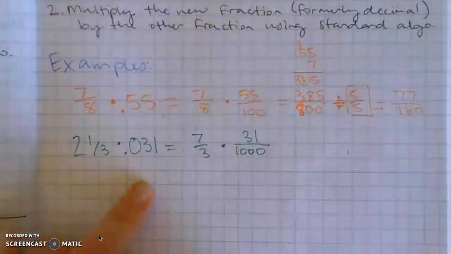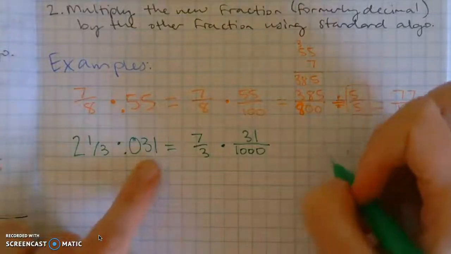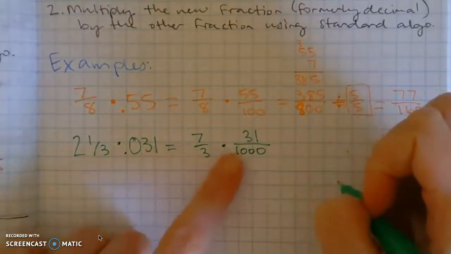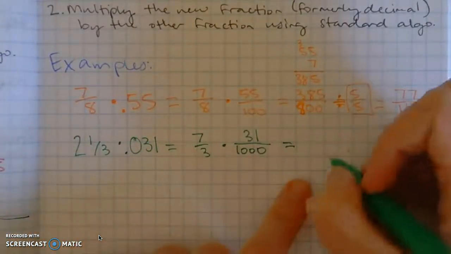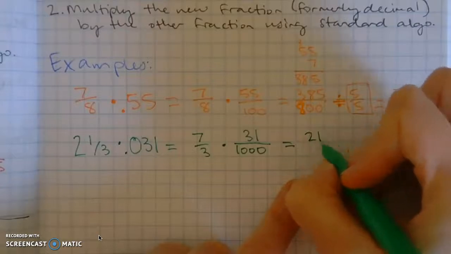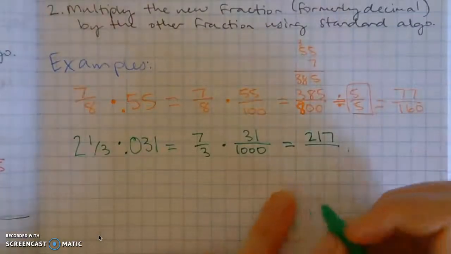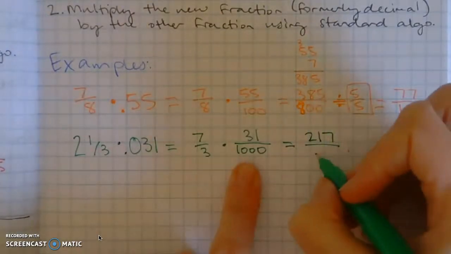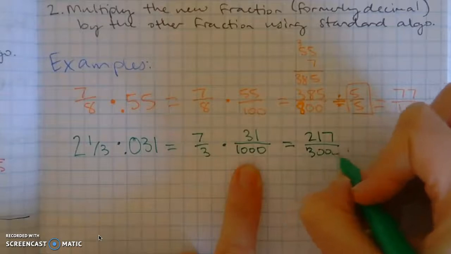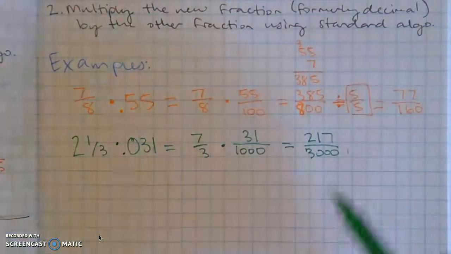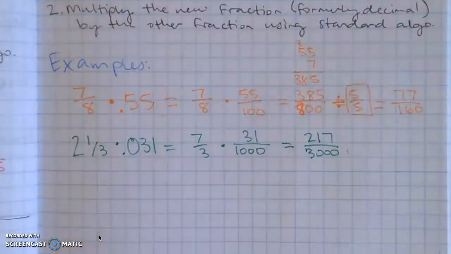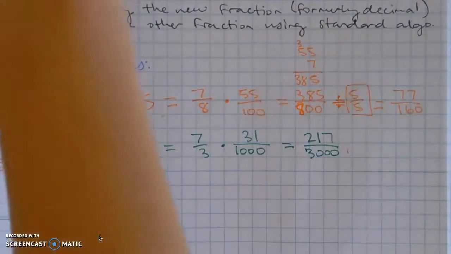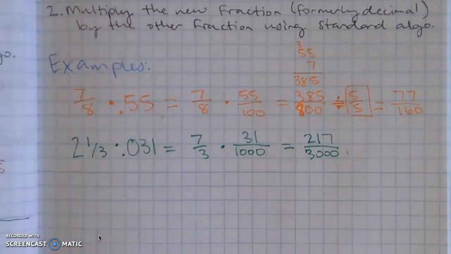And so I have 31 here. When I multiply 7 times 31, and I did the math separately, it's going to give me 217. And 3 times 1,000 is going to give me 3,000. And they do not share any like factors, so that is as reduced as that fraction is going to get.